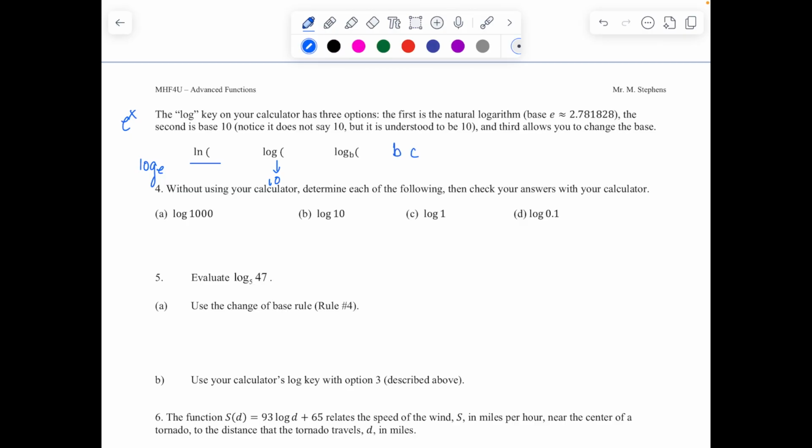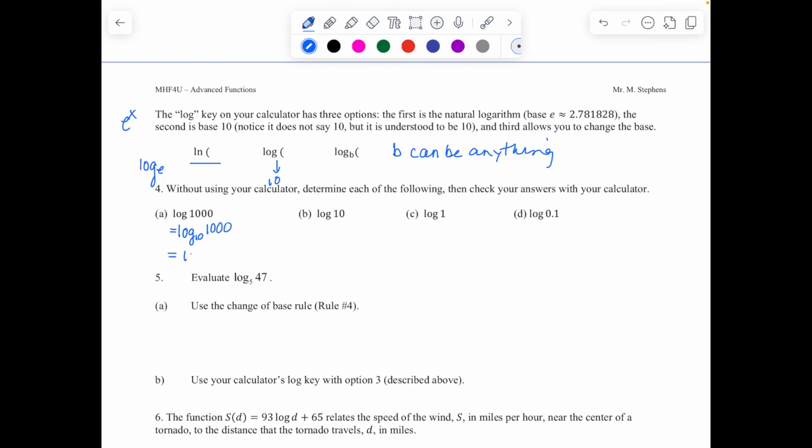And log base b is when b can be anything. Okay, so I want you to take a second and look at these, and you can use your calculator to check, but basically I want you to know that in order to do this, you can just use what you know about exponents, because log is just log base 10.